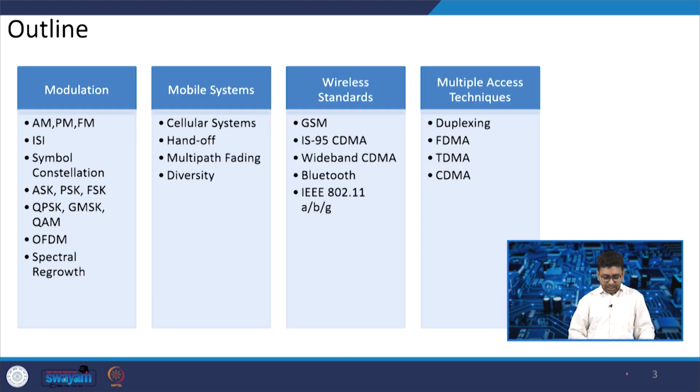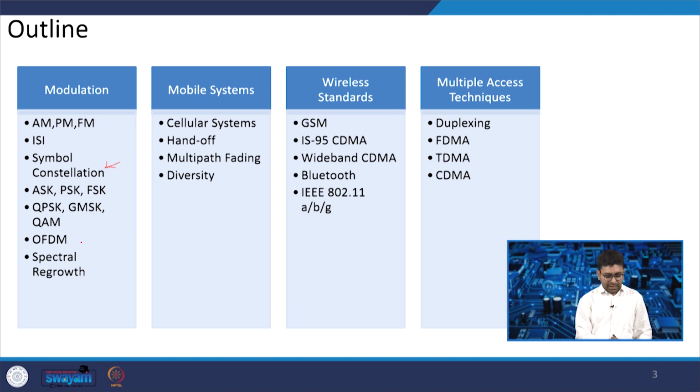So, in this lecture, this is the outline. We try to see the various modulation schemes like AM, PM, FM, which are the basic modulations. There is ISI, intersymbol interference, the constellation diagram and how we can make it, and ASK, PSK, FSK, and some of the advanced modulation schemes.